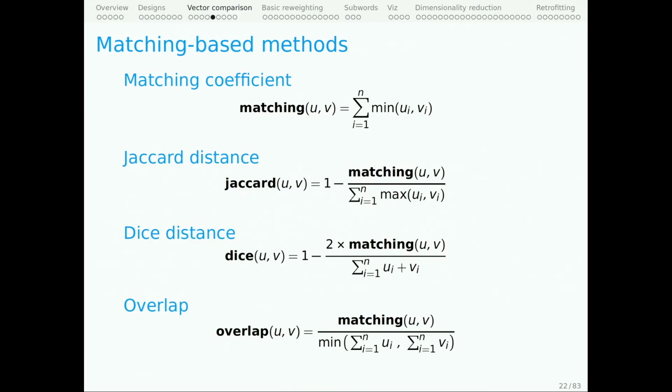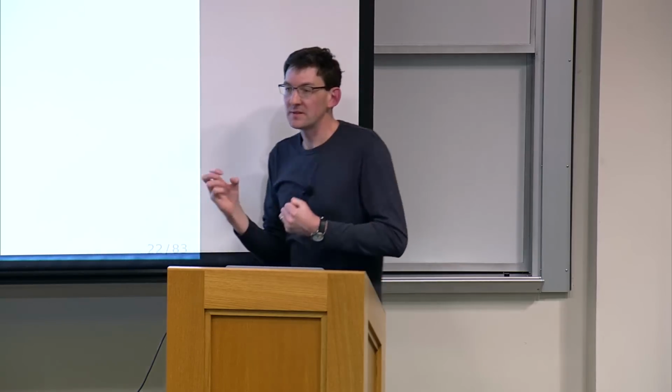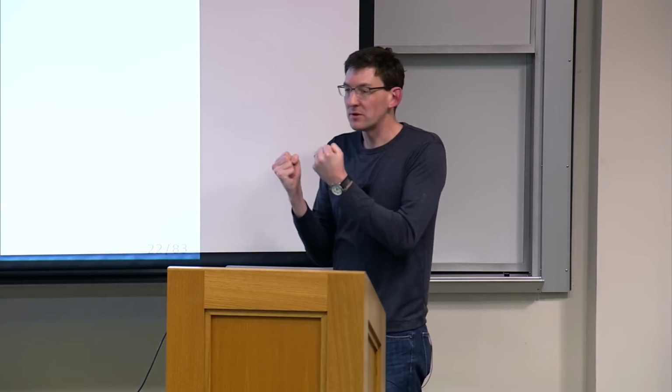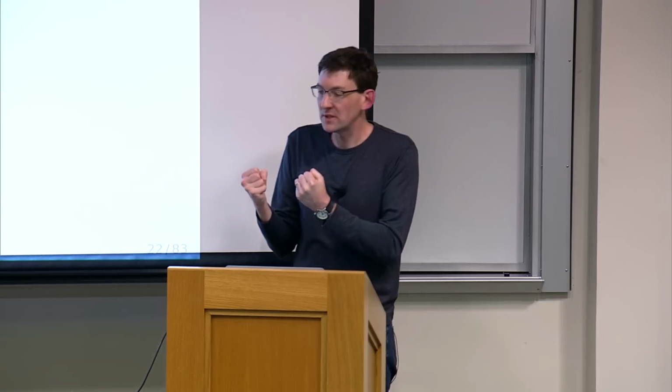One way to think about this is that sometimes you see all of these metrics just defined for binary vectors. And then, for example, what Dice reduces to is the intersection over the union. And then it's giving you some abstract measure of overlap. And then you can see that in that context, matching is like intersection.